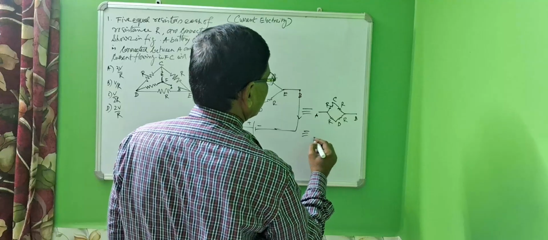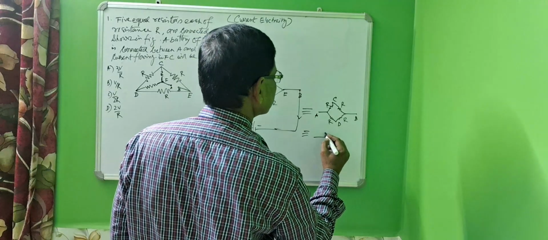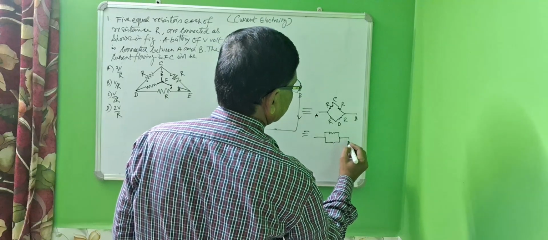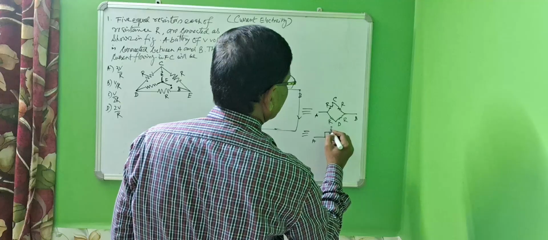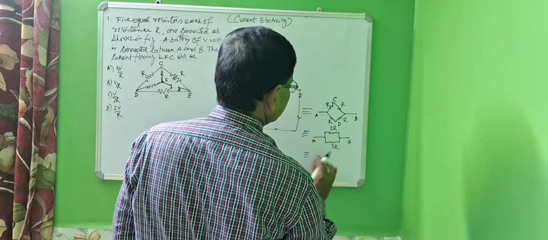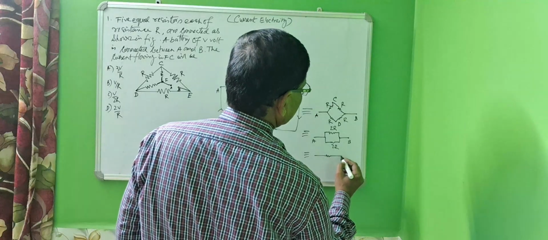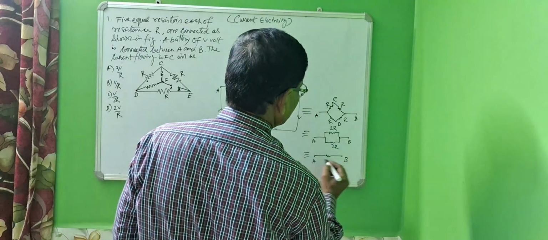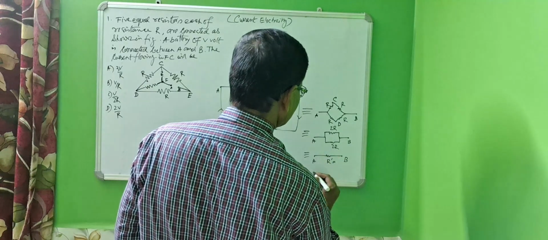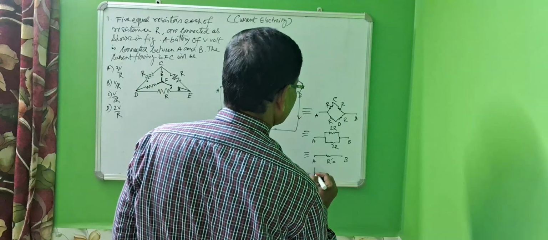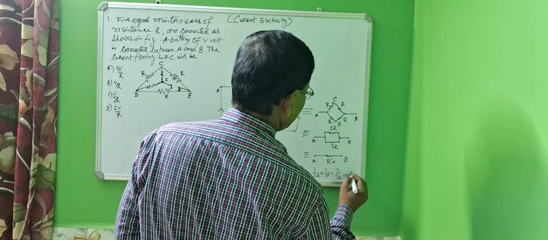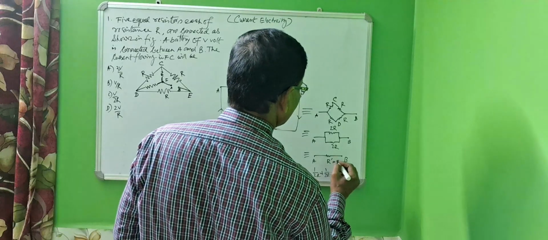So this is twice R and this is also twice R. So 1 by R dash is given by 1 by twice R plus 1 by twice R equals 2 by twice R, which implies R dash equals R.